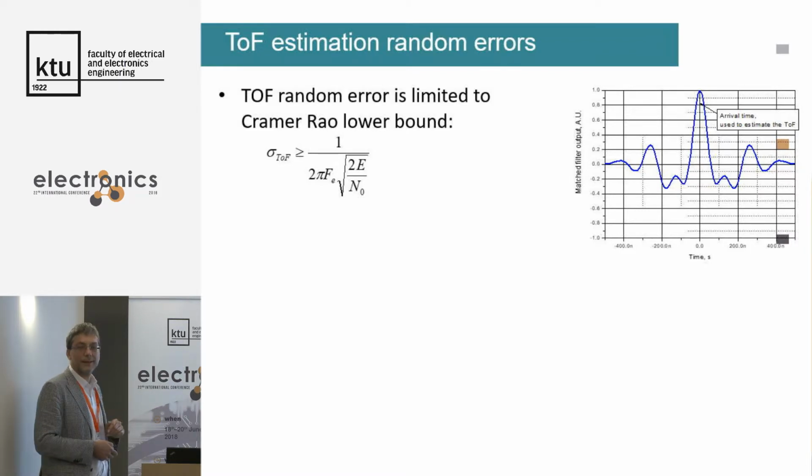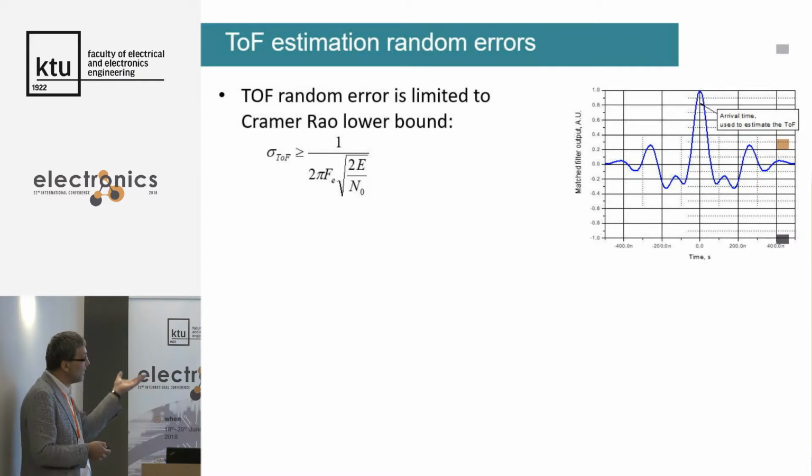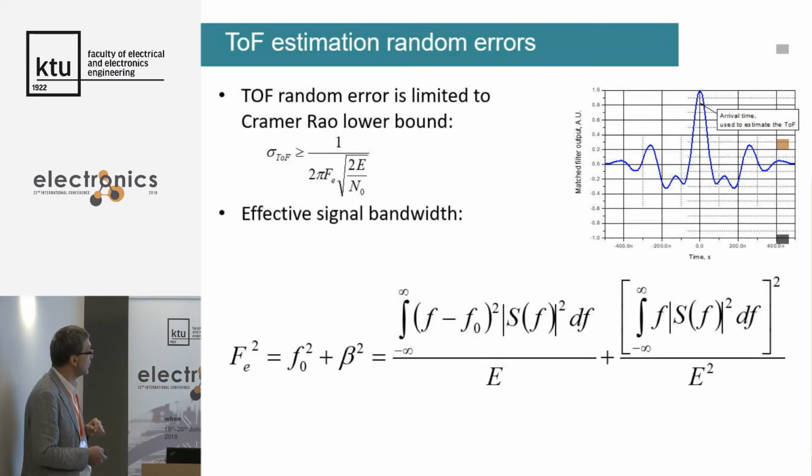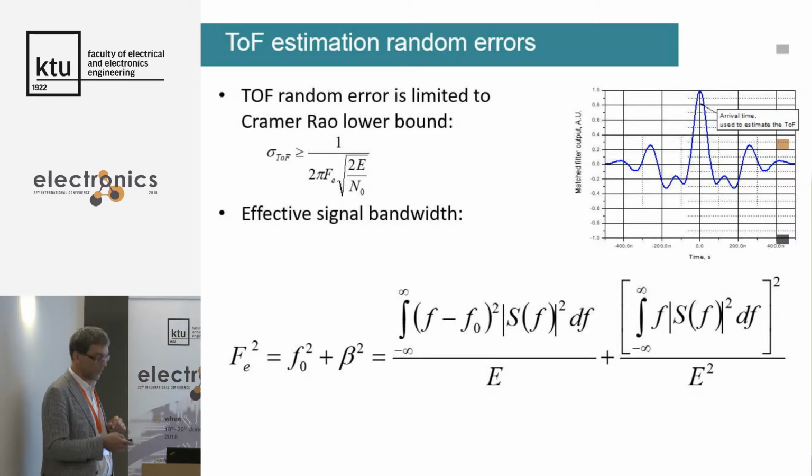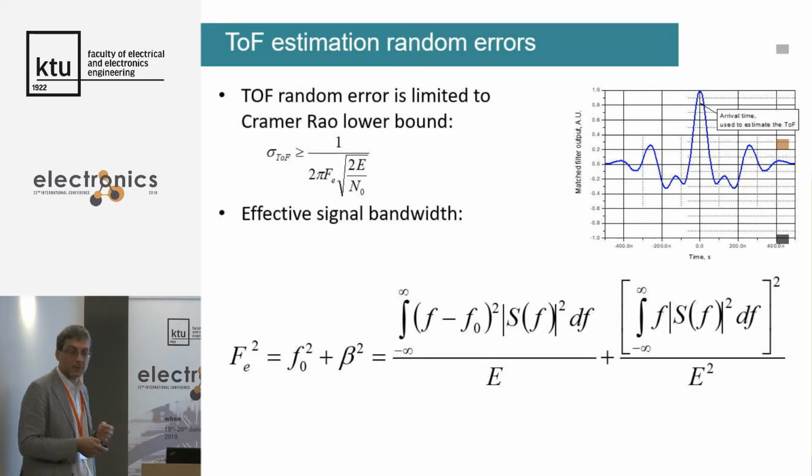More or less, you can say how much bandwidth the signal is covering, and this is the signal energy, and this is the noise power spectral density. All these can be estimated before your experiment starts. So using this equation, you can predict what will happen with your signal once you use the correlation or minimization techniques for time of flight estimation.